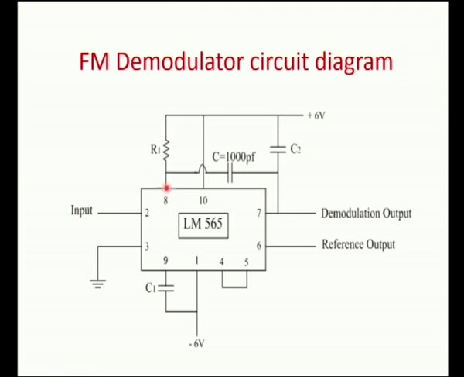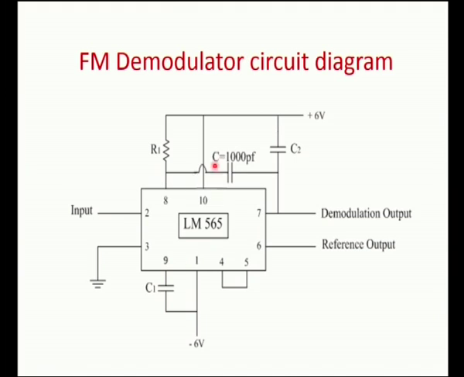At pin number 8 we are connecting a resistor R1, and at pin number 9 we are connecting a capacitor C1. The values of R1 and C1 will determine the free running frequency of the VCO which is available inside the PLL.